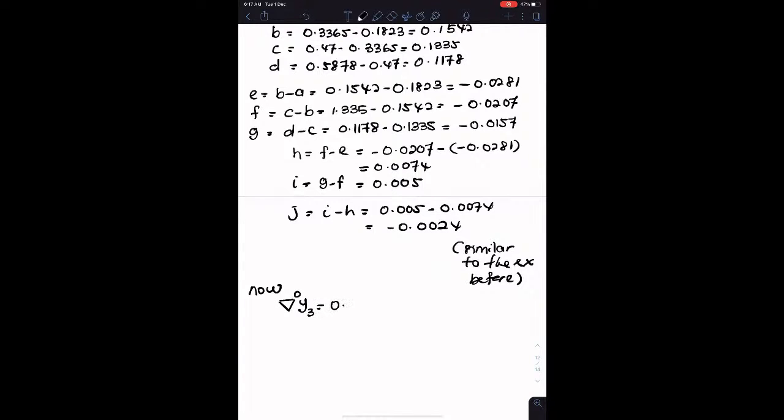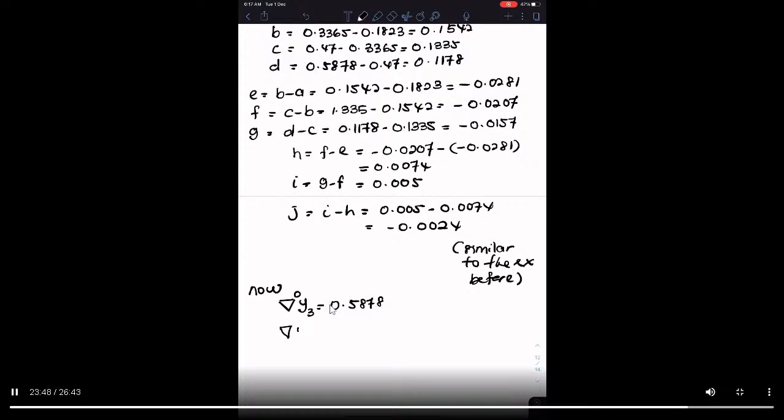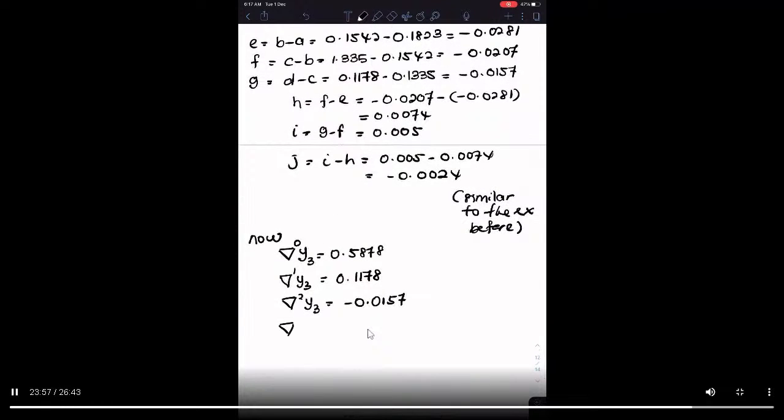So now you already know what is delta naught y3 given in the question. Delta 1 y3 is 0.1178.